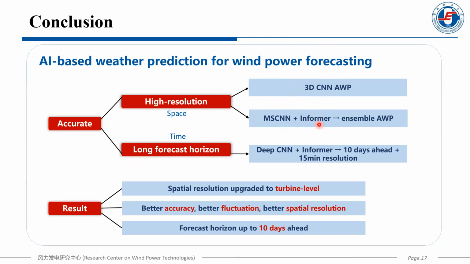We tried purely time series data with time series prediction methods, and also tried how to combine them together to generate a new weather prediction result, and how to use AI algorithms to extend the forecast horizon.